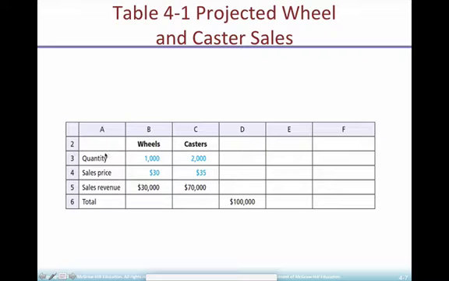So they want to sell next year 1000 wheels, that's quantity, and 2000 casters, quantity, and they want to sell each of them, that's selling price per unit, for $30 per unit and $35. So sales revenues in dollars, quantities times price, how many units they sell times price per unit, is going to be 30,000 for the first good, 70,000 for the second good, 100,000 for both goods. So those are the projected sales in dollars, 100,000.